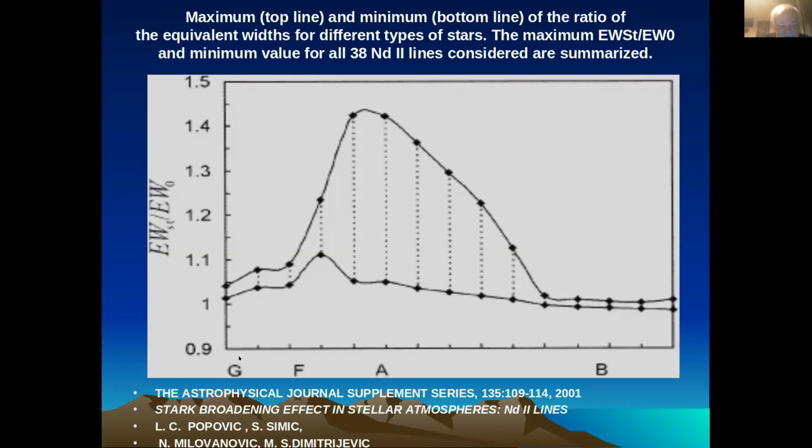So the Sun is G-type, for example, and these are hotter than the Sun, and you have equivalent widths with Stark broadening and without Stark broadening for 38 ionized neodymium lines on average, and you can see that maximal influence of Stark broadening is for A-type stars and late B-type stars.